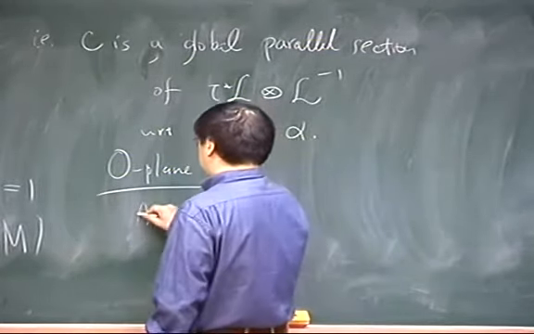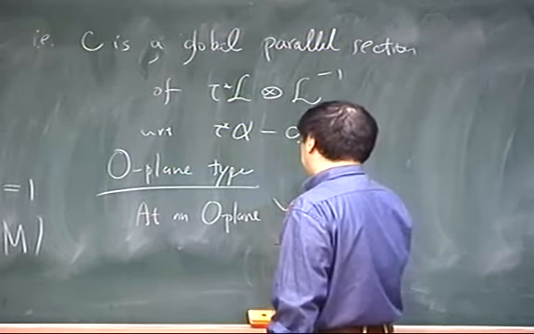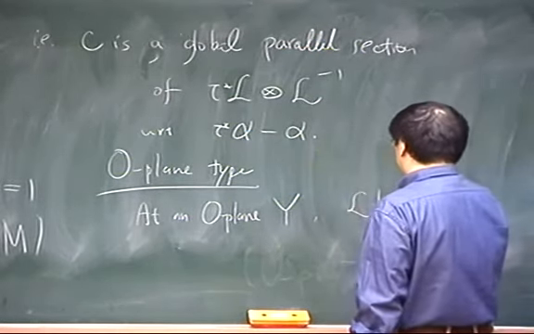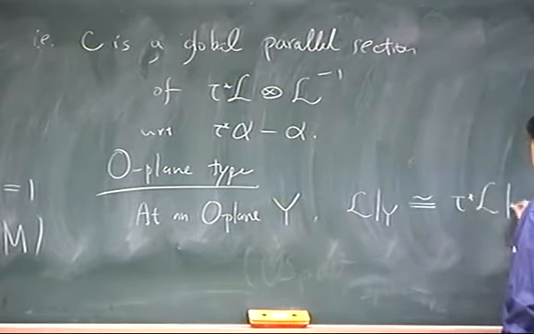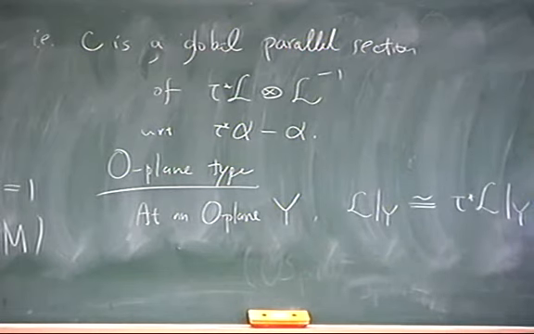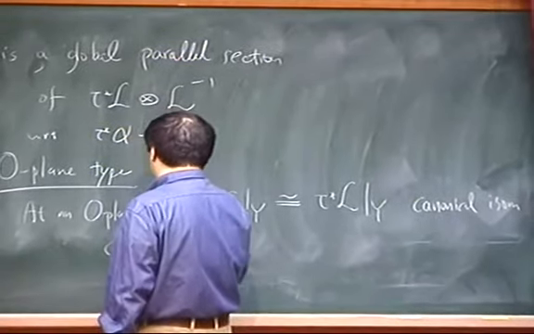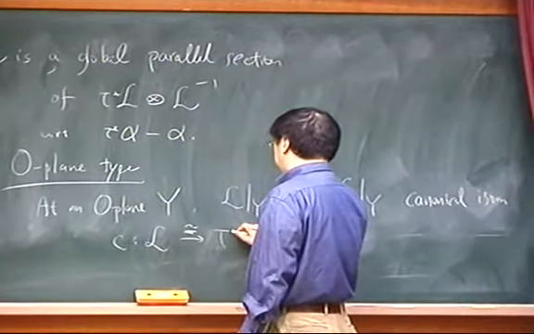At an O-plane, namely a component of the fixed point set, there is a canonical isomorphism between L and tau star L. And this C also defines an isomorphism, actually everywhere on the target space.